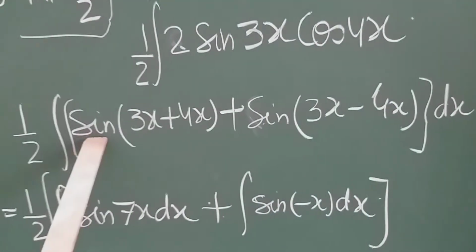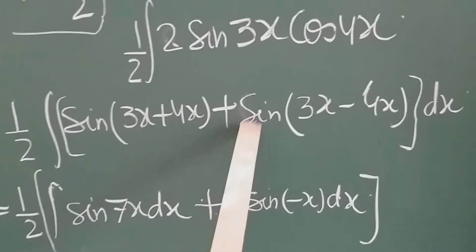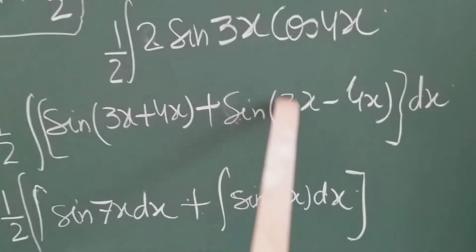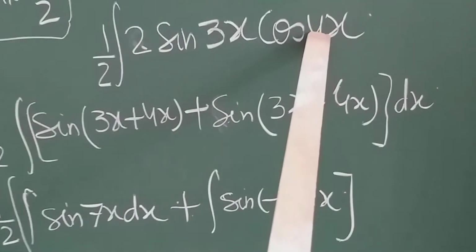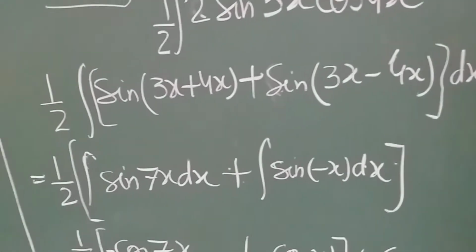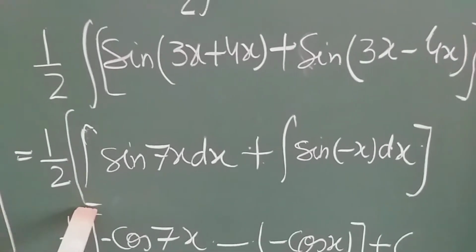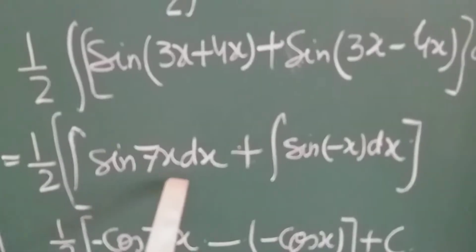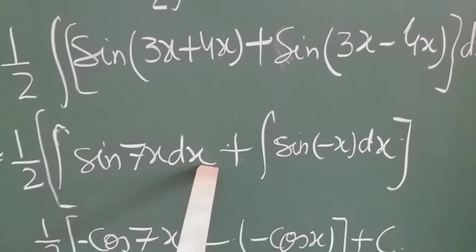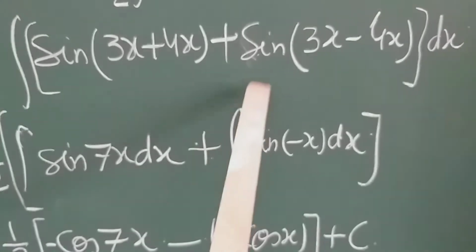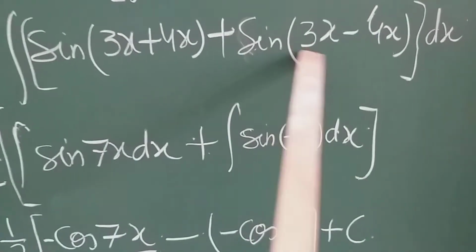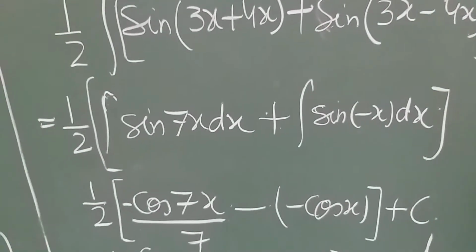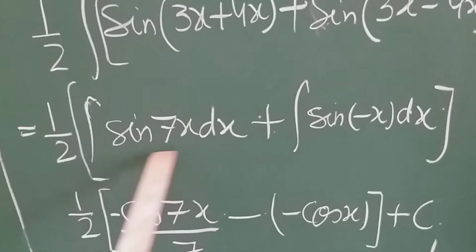So sine(3x plus 4x) plus sine(A minus B), sine(3x minus 4x). So 1 by 2, this is the integration sign, it will become sine 7x dx plus sine(minus x) dx.